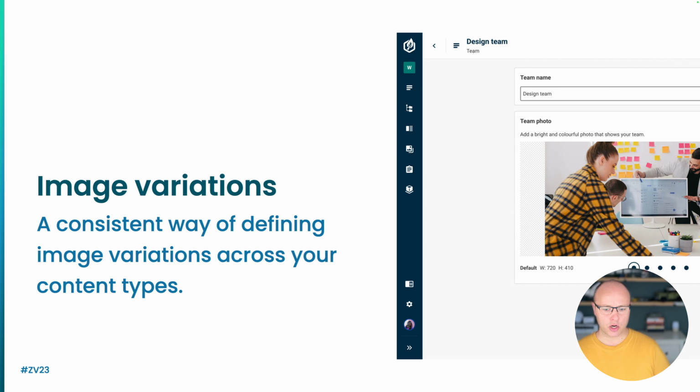We've also been looking at ways of supporting multiple crops of the same image within the entry editor. We know that lots of entries have multiple image fields where you upload the same image multiple times in order to create different crops of it.